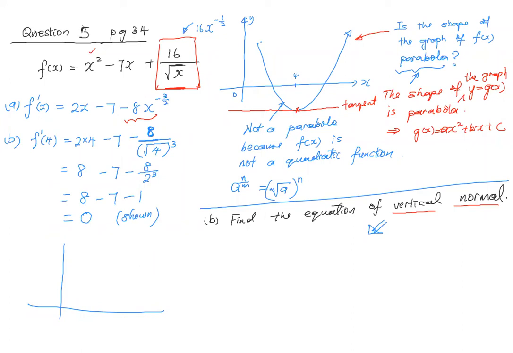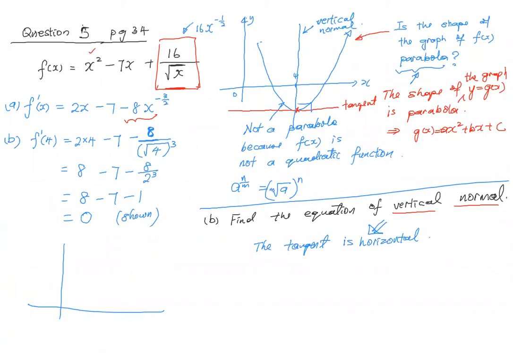So the normal must be 90 degrees to the horizontal, correct? So the normal will be vertical. So if I want to find the vertical normal, I have to tell myself that if the normal is vertical, this is telling me the tangent is horizontal. Are you clear? This is something that you must have in mind.